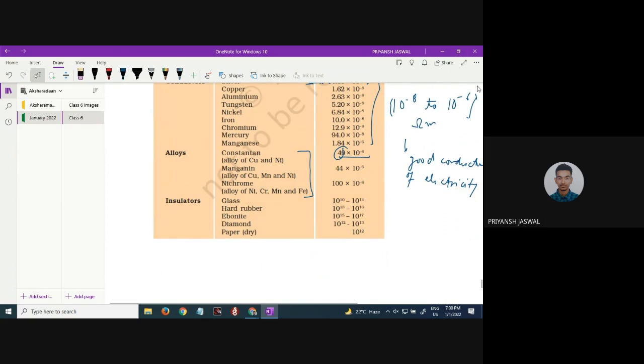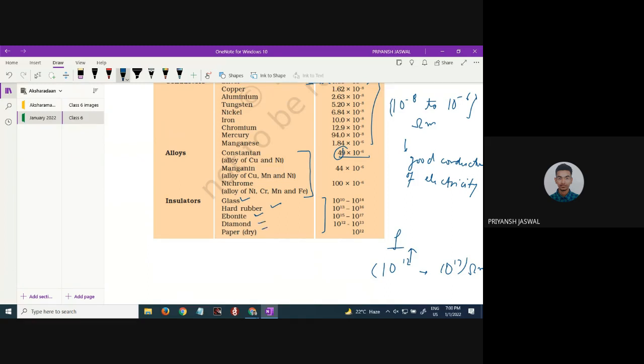But if resistivity is high, that is from the range of 10 to power 12 to 10 to power 17 ohm meter, then such materials are termed as insulators, like glass, hard rubber, these materials. Ebonite, you can simply think of it as plastic rod, maybe plastic or glass rod only.